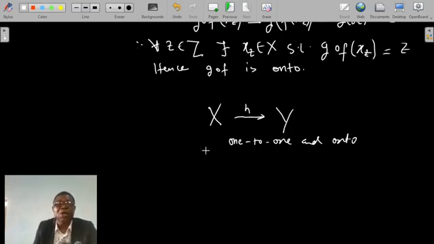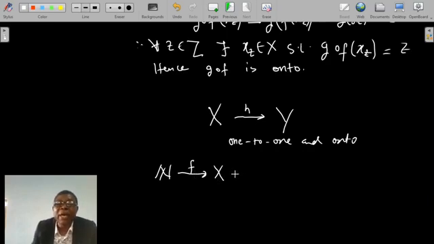The reason is because since we know that X is countable, then there is a one-to-one correspondence, call it f, between the set of natural numbers and X. This f is one-to-one and onto.